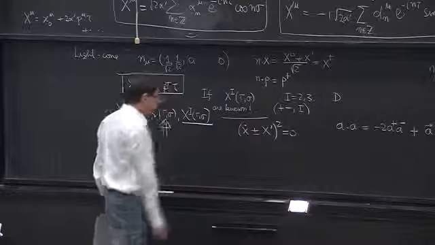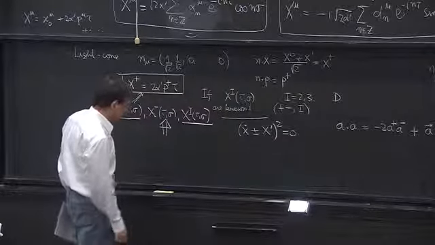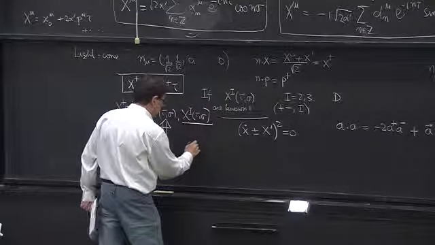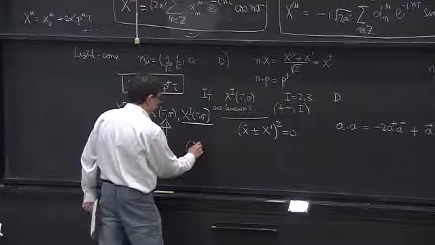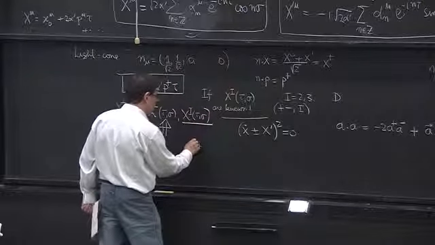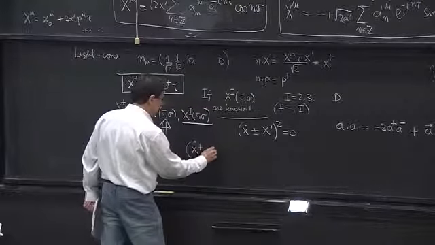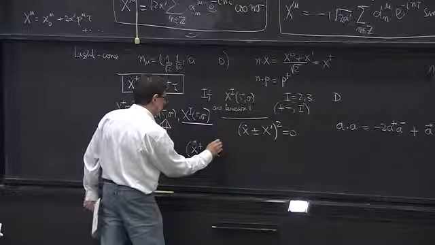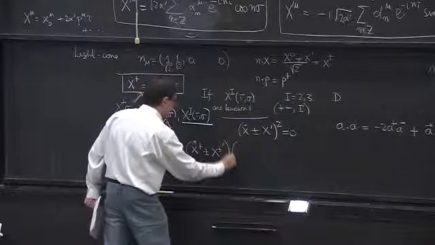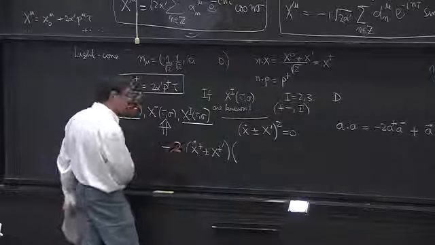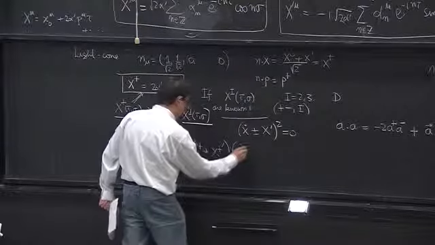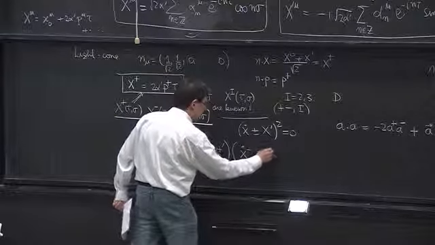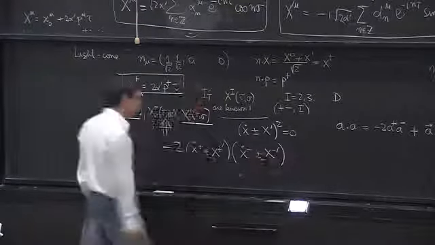So this term is the following: x plus dot plus minus x plus prime, times a minus 2 times x minus dot plus minus x minus prime.